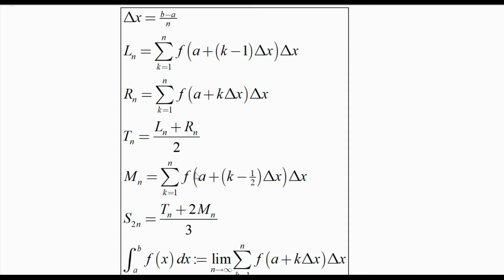The midpoint rule takes the x value in your interval to be exactly at the midpoint horizontally of your input interval. So that's a plus k minus a half delta x. So it's half of a delta x back from the right end. Take the y there, f of that, multiply by the width, and sum it up.